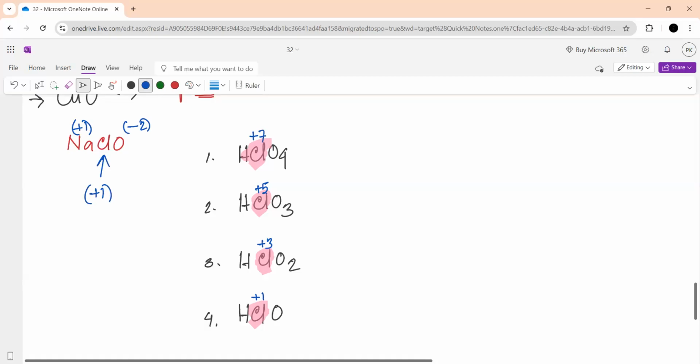Now this one, the first one, HClO4, is known as perchloric acid.